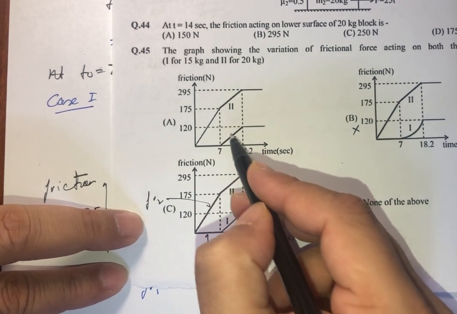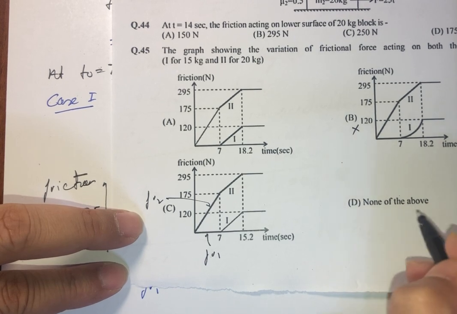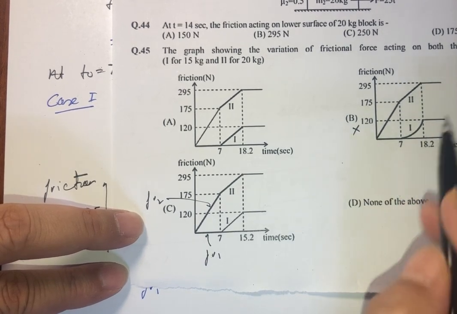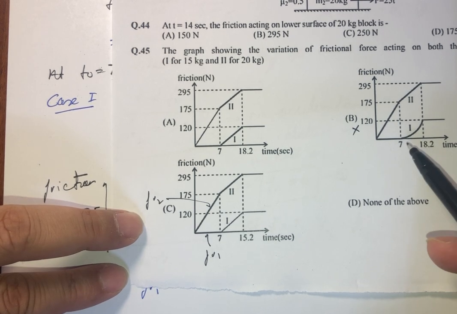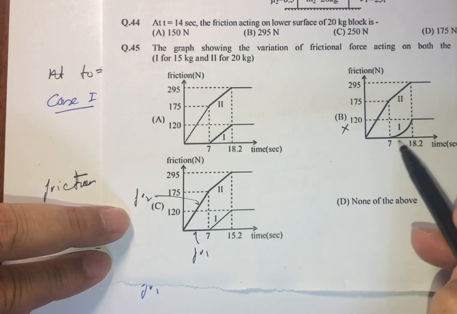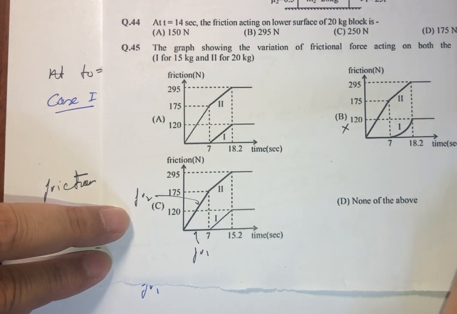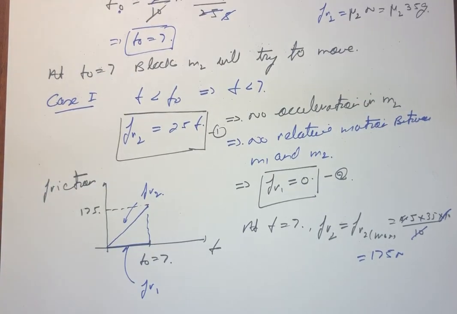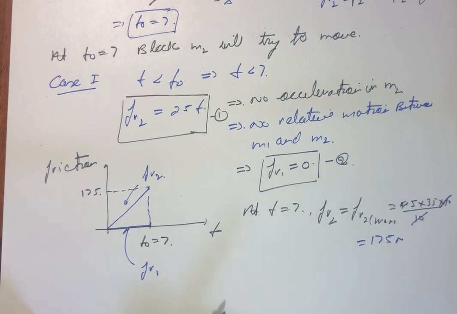So either it will be A or it will be C. At least it's not B, it's very clear, because it is giving a parabolic relationship, and friction doesn't usually vary parabolically, it is usually a straight line. So this was the first part.